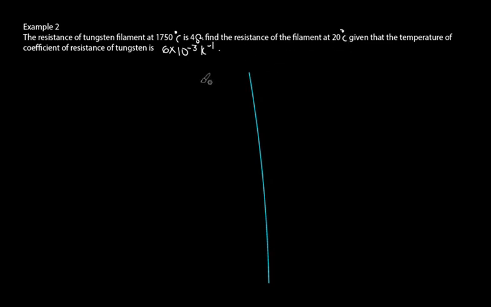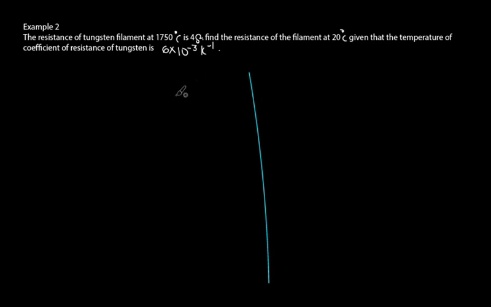The temperature of the filament at a particular point in time was 1750, and we are supposed to find the resistance of that filament at 20 degrees Celsius. So you can see we have two different RTs, different temperatures, and what we don't have in this case is the resistance at 0 degrees Celsius, which is the R0.